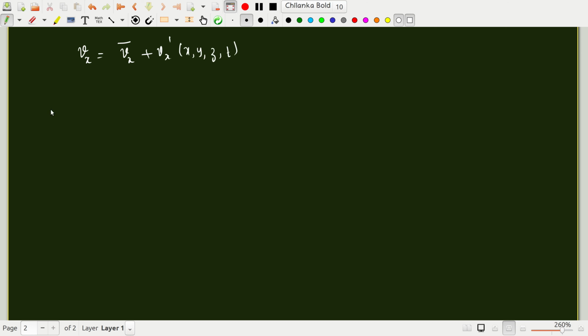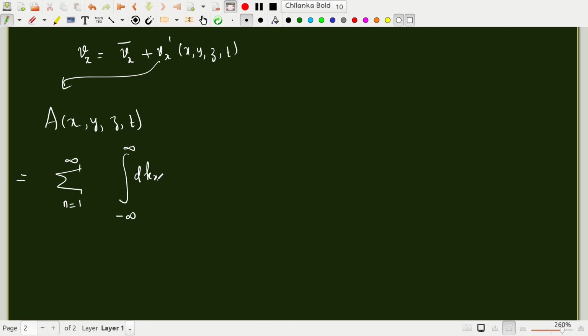Let's call it a, the perturbation variable, a of x, y, z, t is nothing but, let me write from here, summation n is equal to 1 to infinity. This is the discrete sum for the eigenfunction expansion along the z direction. Integral minus infinity to plus infinity dkx. This is the Fourier integral along the x direction. This is the Fourier integral along the y direction into the plane of the screen, okay, times.